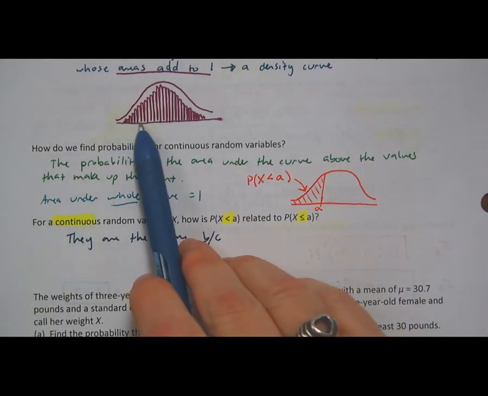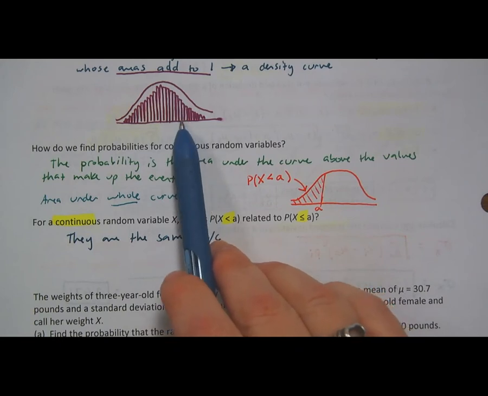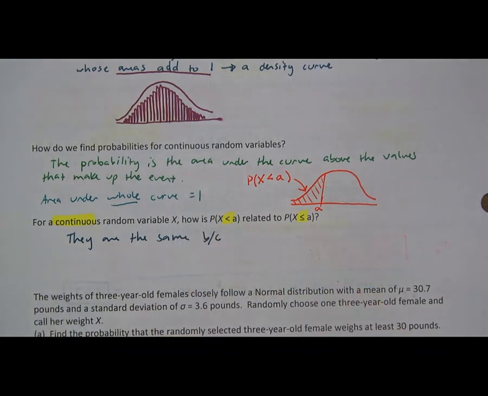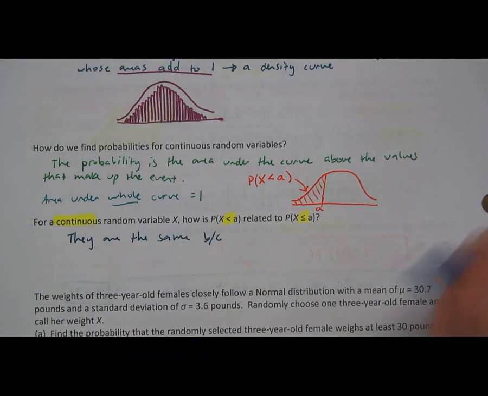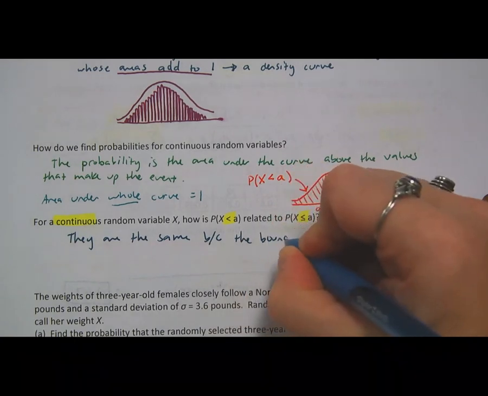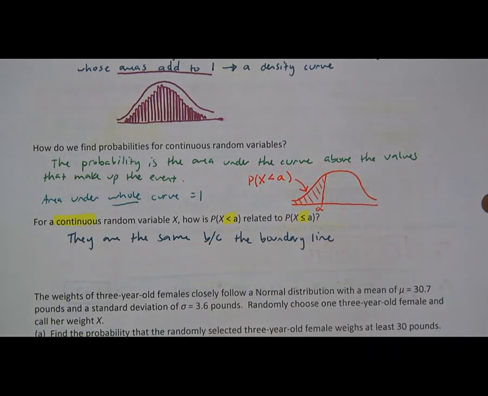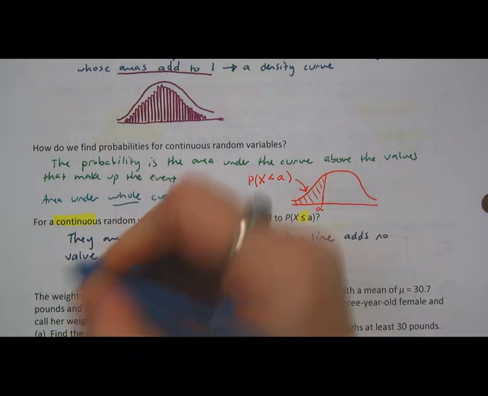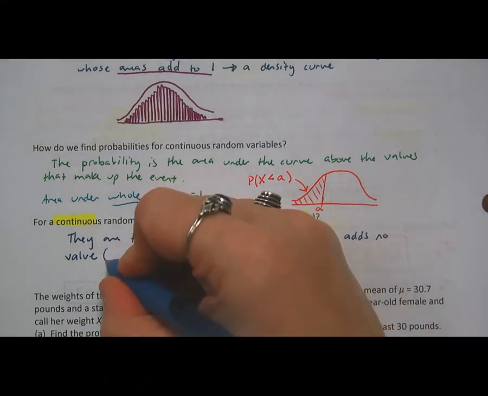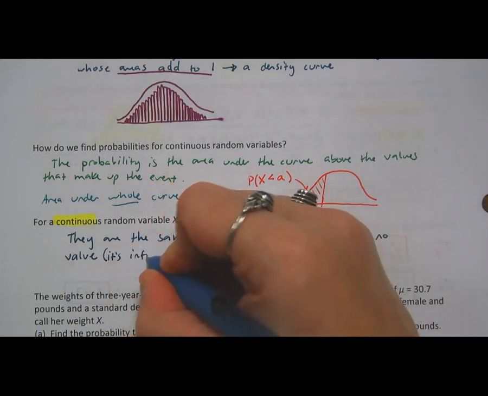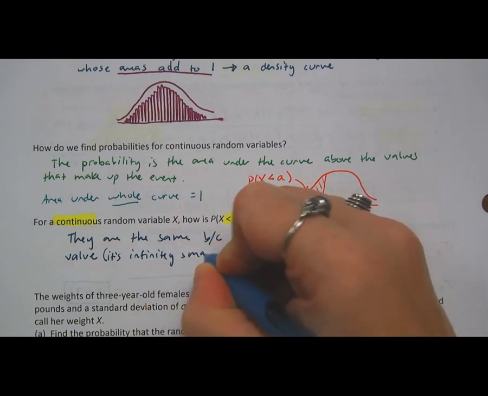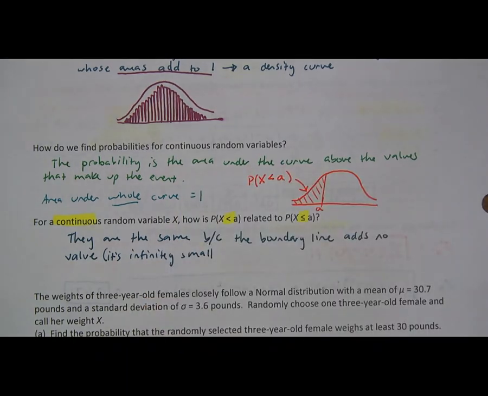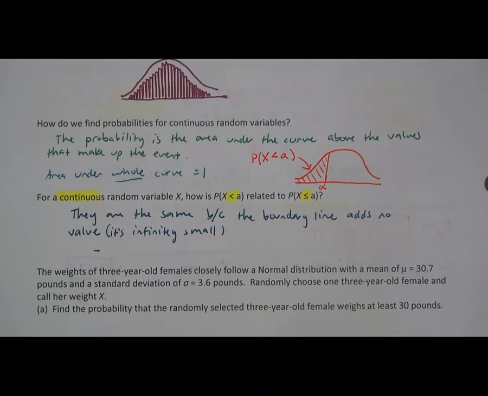Think about these skinny bars right here. There are so many of them that they're basically just lines. And so including that little teeny tiny line or not doesn't change the value. Because the boundary line adds no value, it's infinitely small. It's like a histogram bar that's infinitely small. But just remember that this is not true for discrete random variables.